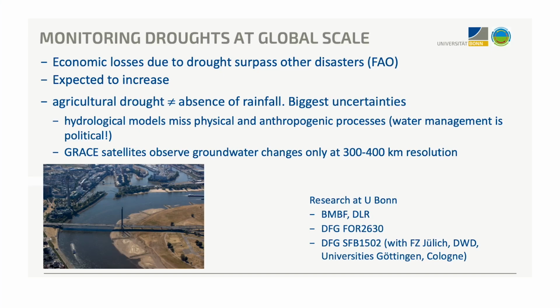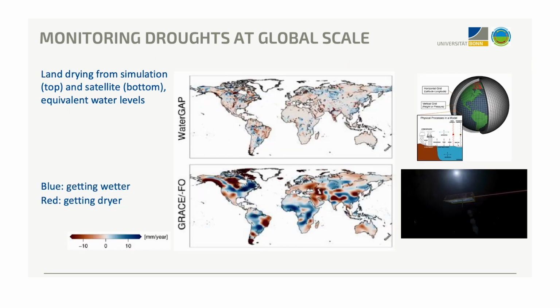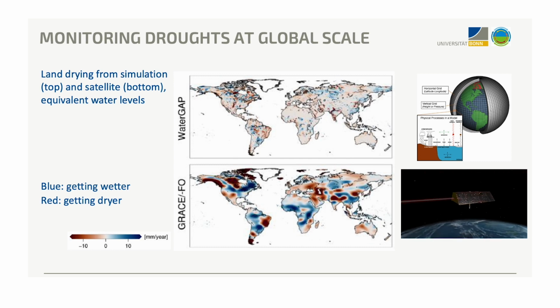So we have satellites that can observe the absence of water on the ground. It's the GRACE satellites, but this is only with a resolution of 300 or 400 kilometers, which is totally insufficient for what we want to achieve. The lower figure shows you a map of how the continents are drying and how they get wetter as seen from the satellites.